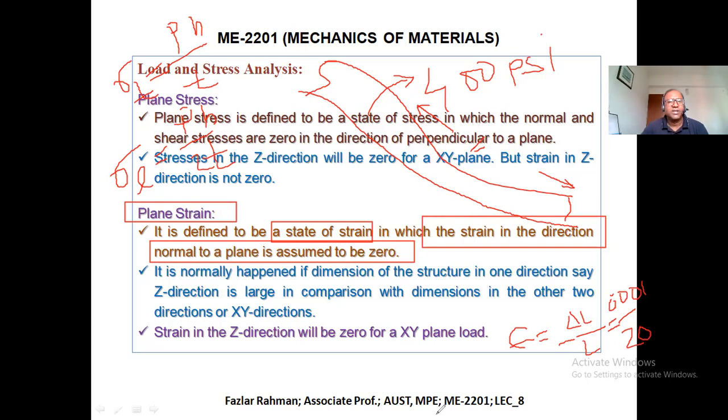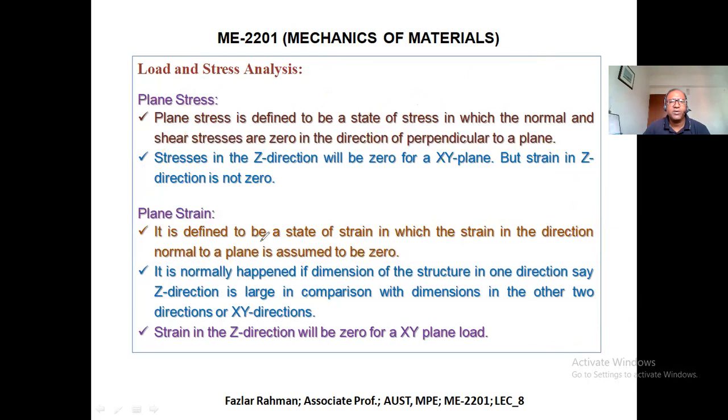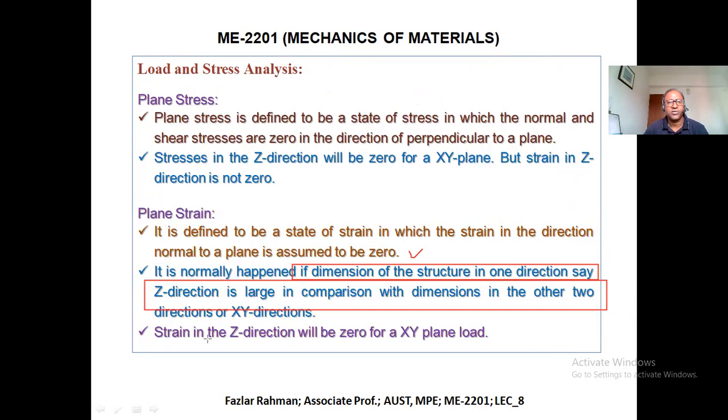That's why plane strain is defined as a state of strain in which the strain in the direction normal to the plane is assumed to be 0. Normally it happens if the dimension of the structure in one direction, say the Z direction, is large compared to the other two directions, X and Y. Strain in the Z direction will be 0 for XY. That is called plane strain.